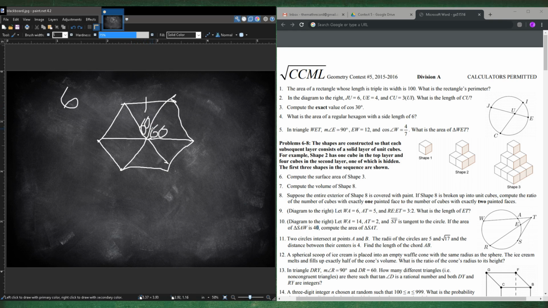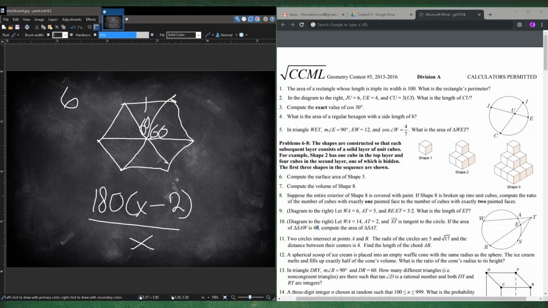But you can also do the calculation using the interior angle of a shape. It's 180 times n minus 2, divided by n, where n is the number of sides. The number of sides is 6, not the side length is 6.